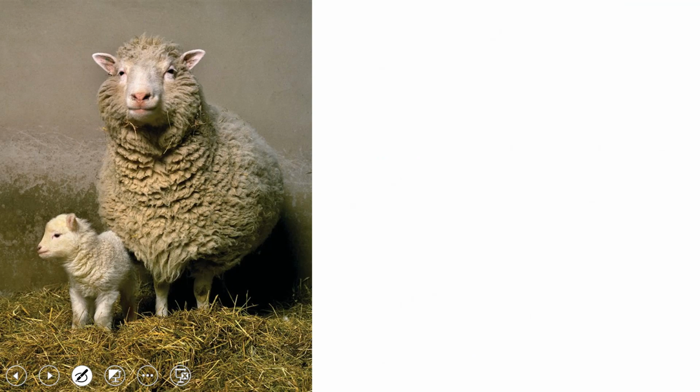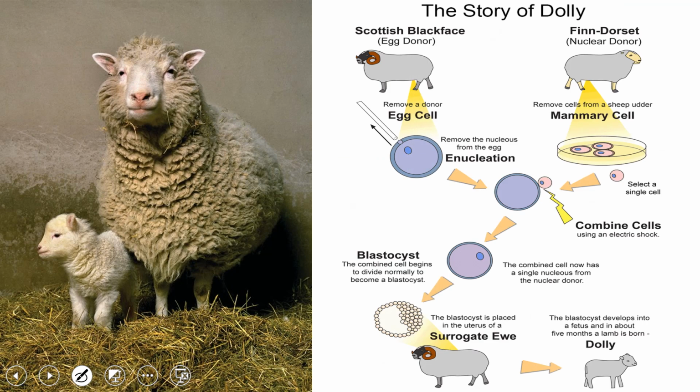Now probably everyone of you might know that this is the picture of Dolly, the first cloned sheep. This was cloning only. So the process was like this. In this case, this sheep donated the egg. From this, the nucleus has been removed, so it is an enucleated egg cell. Then this is the nuclear donor. So from here a cell has been taken from the udder, the mammary cells.